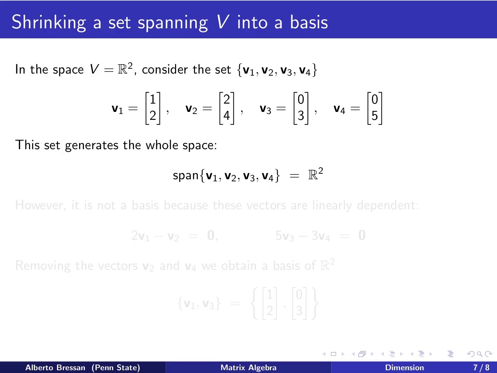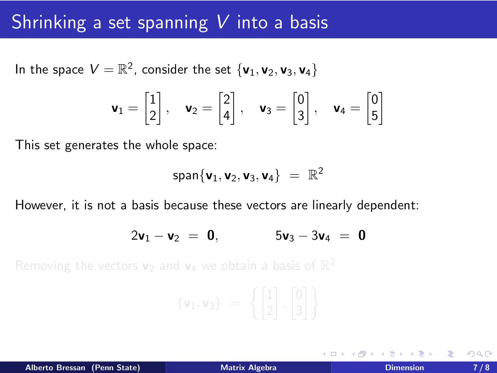We know that this set generates the whole space R2. However, this set of four vectors is not a basis because they're not linearly independent.